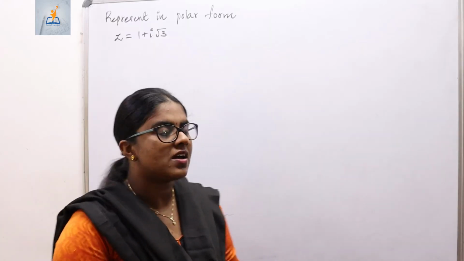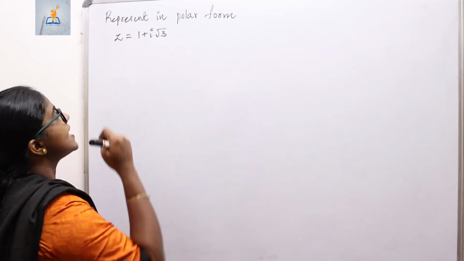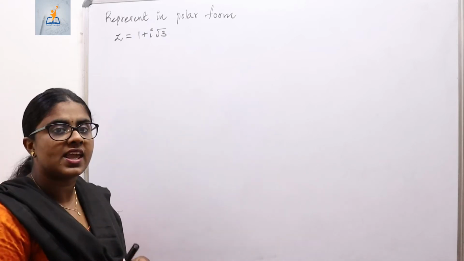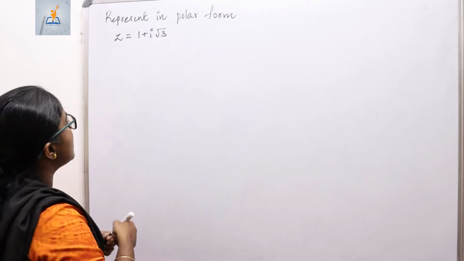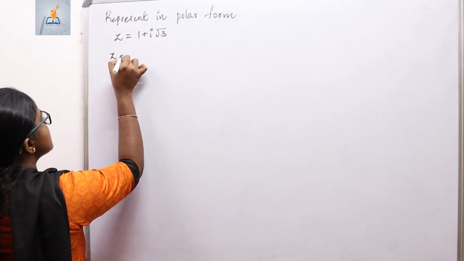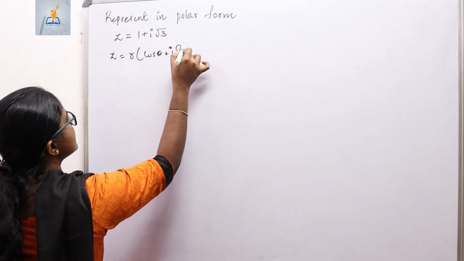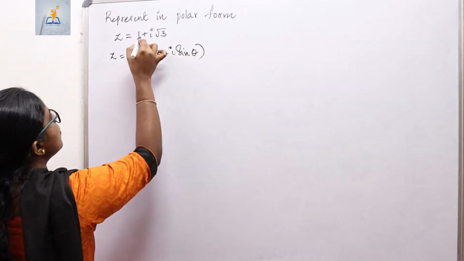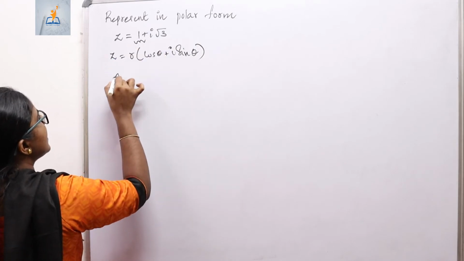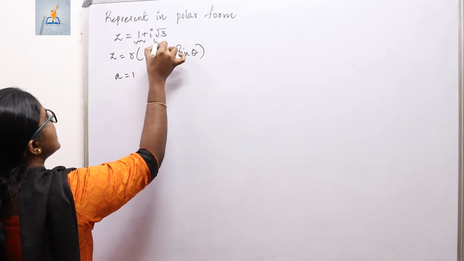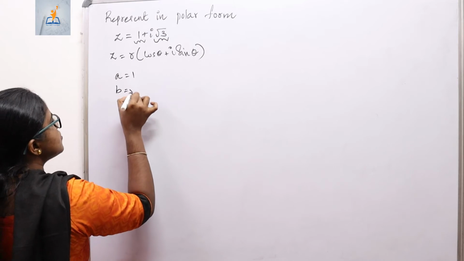Now the question asked is to represent z is equal to 1 plus i root 3 into polar form. Polar form is, we know, z is equal to r into cos theta plus i sin theta. We have the real part a is equal to 1 and the imaginary part b is equal to root 3.